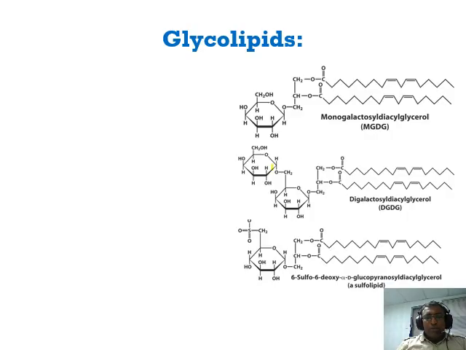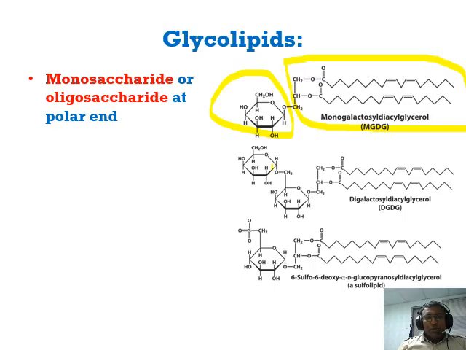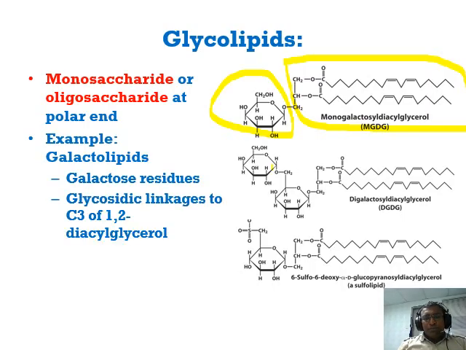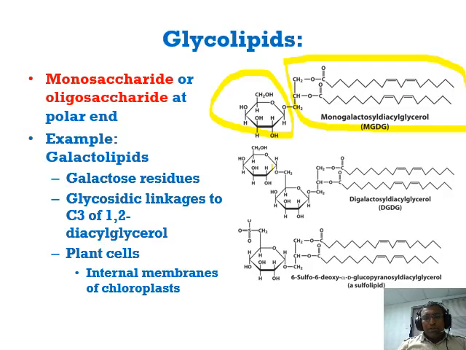So you have still the non-polar as well as the polar head group. It could be monosaccharide, or it could be disaccharide, as well as contributing in the buildup of membrane of the chloroplast.